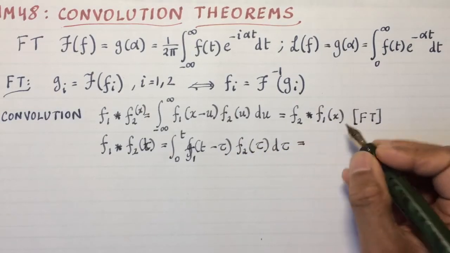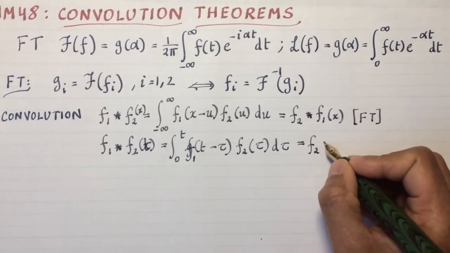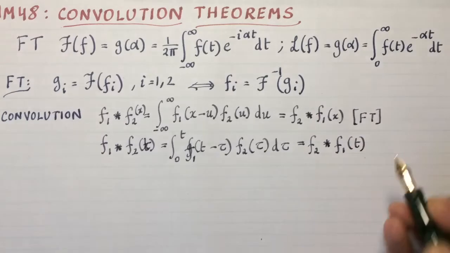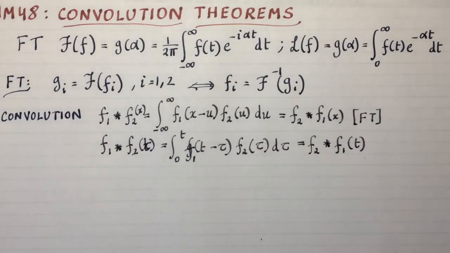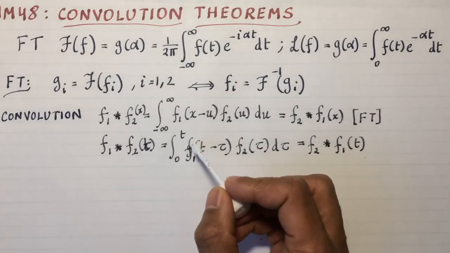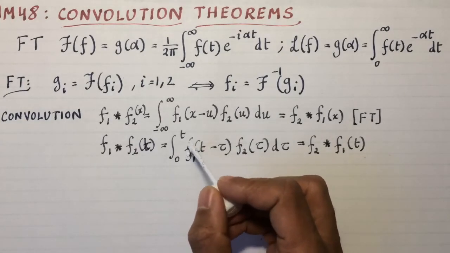And this is the same as f2 convolved with f1 as a function of t. So both of them have very similar structures. Of course, the Laplace transform itself is defined only from 0 to infinity, and that's reflected in the definition of its convolution operator.